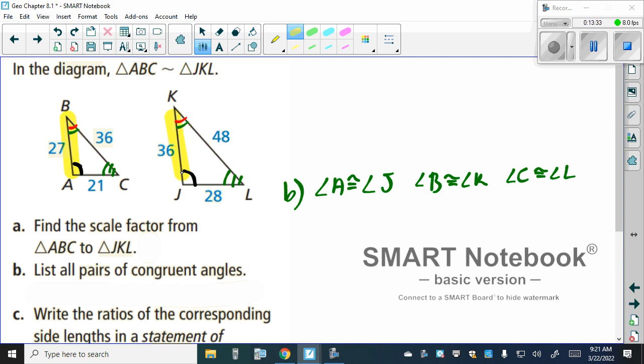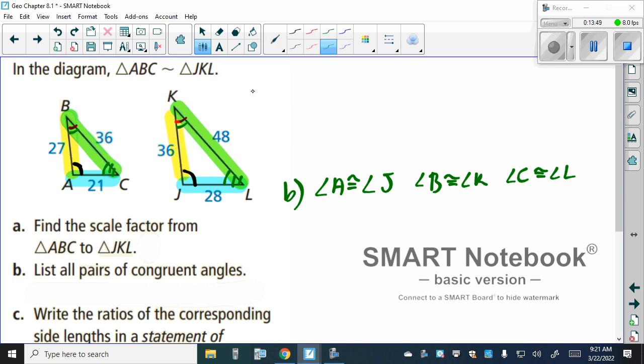It's the one that matches up. Then how about from B to C? That would be from K to L. And lastly, A to C would match up with J to L.